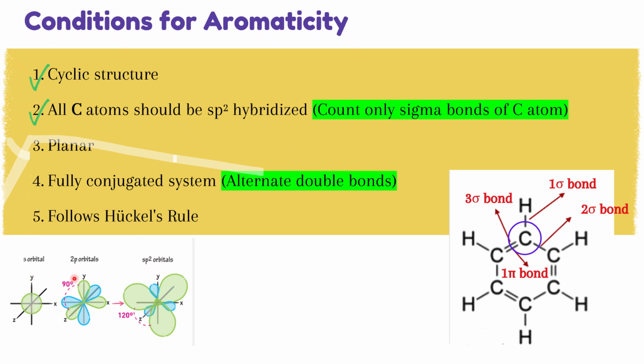In totality we have 3 p orbitals, but only 2 are undergoing hybridization, because the hybridization is sp2. So out of these three, only 2 are undergoing hybridization with this s orbital.